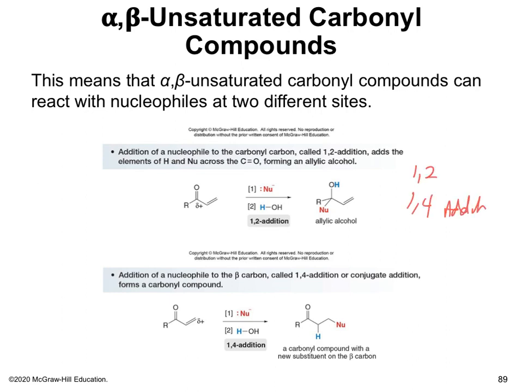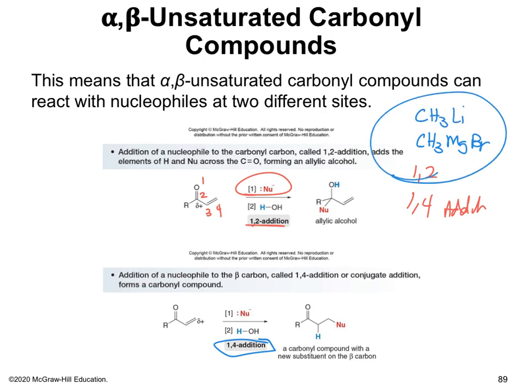So this is for when you have an unsaturated substrate, and because you get resonance, some nucleophiles will add 1,2 and some nucleophiles will do 1,4, and it really depends on the metal. So Grignards, a Grignard is a magnesium nucleophile, or a lithium, and they always do 1,2 addition.